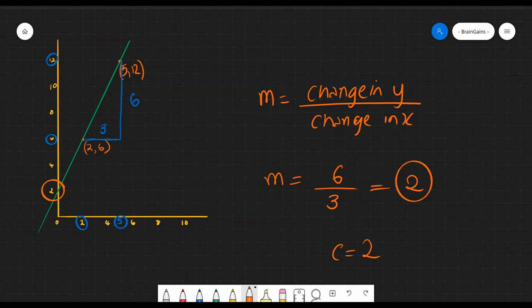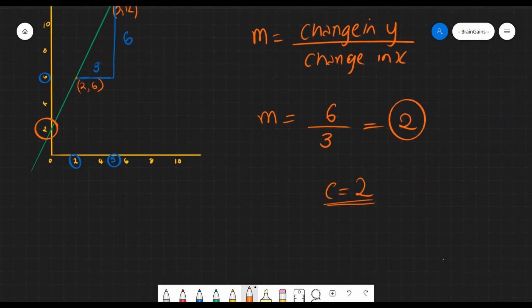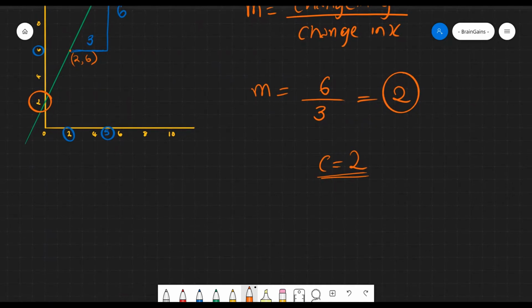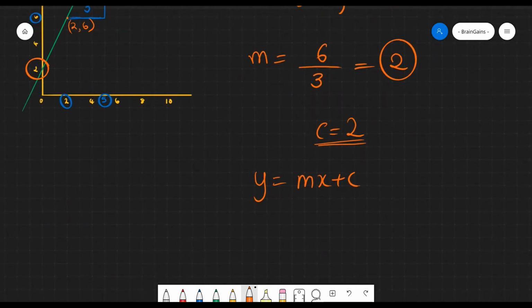Now that we have our gradient and our y-intercept, we can write our equation of the line. We know that the equation of a straight line is y equals mx plus c, so we replace m with 2 and c with 2 also. So the equation of this line graph in particular is y equals 2x plus 2.